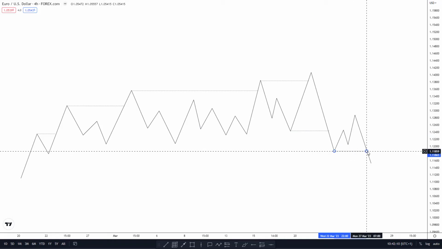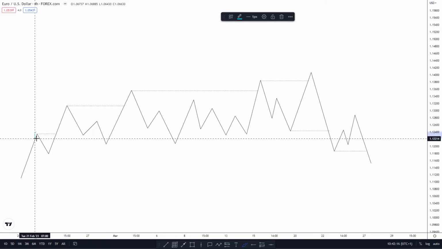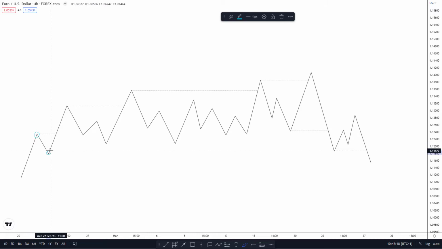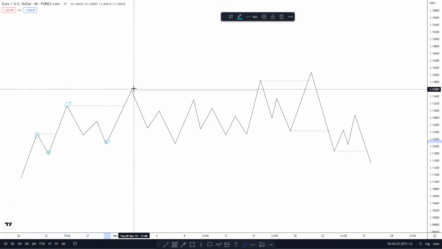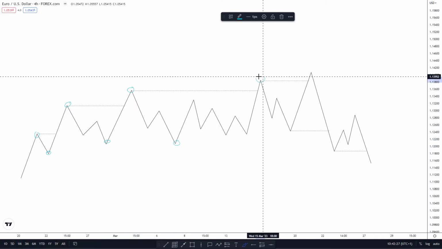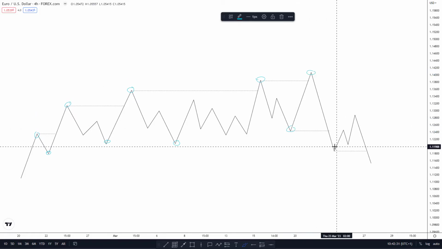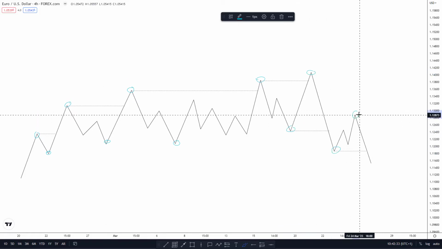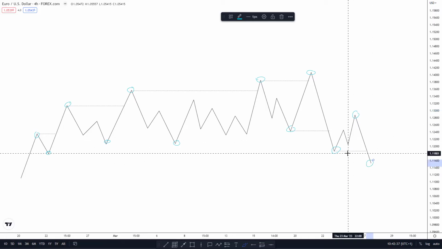So if we go back and label our swing points here, what we would see is we had swing high, swing low, swing high, swing low, swing high, swing low, swing high, swing low, swing high, swing low, swing high, and then potentially swing low as soon as it starts to pull back.